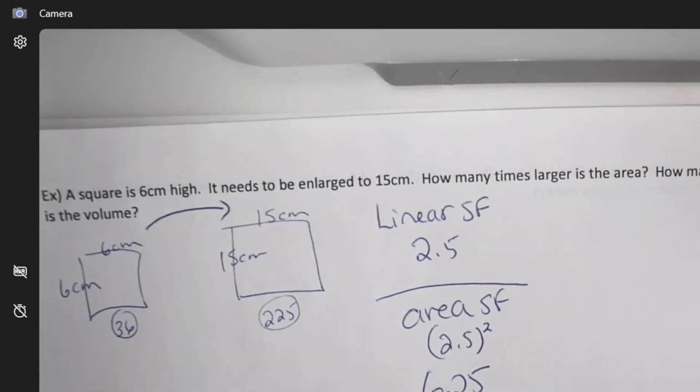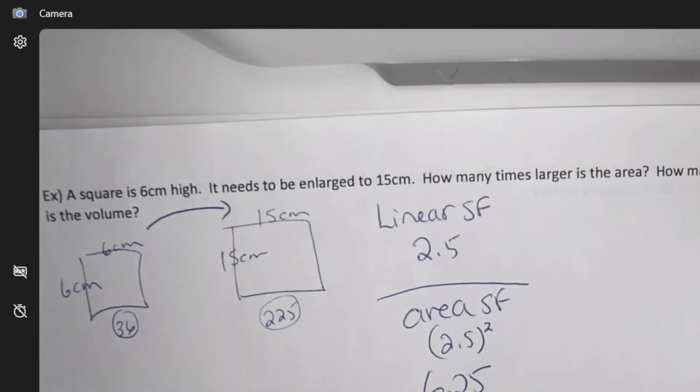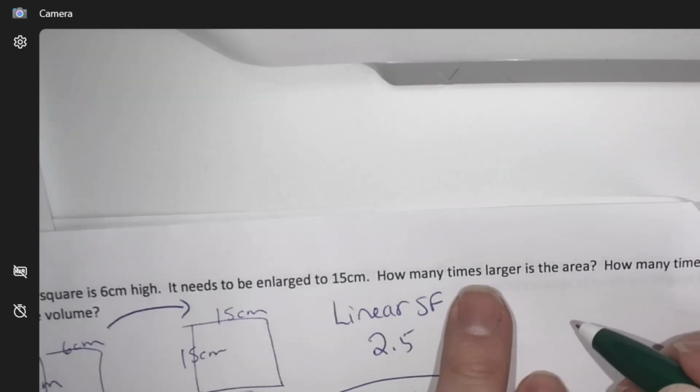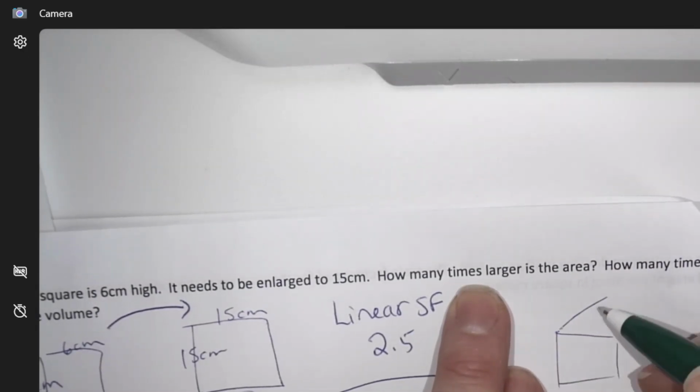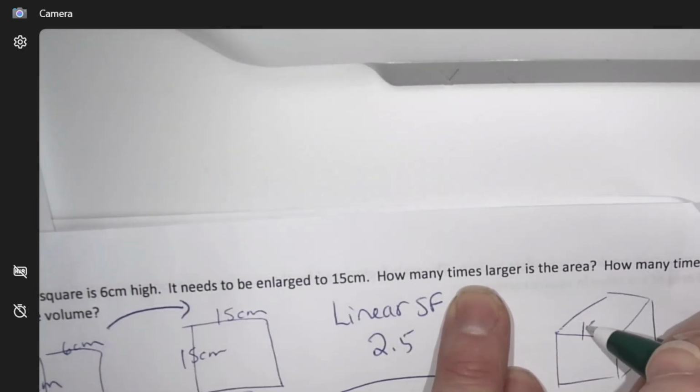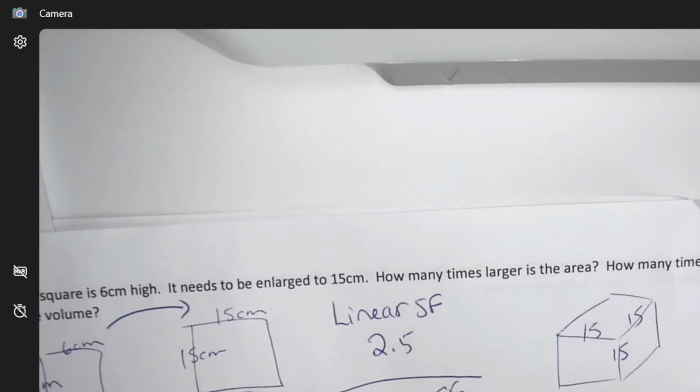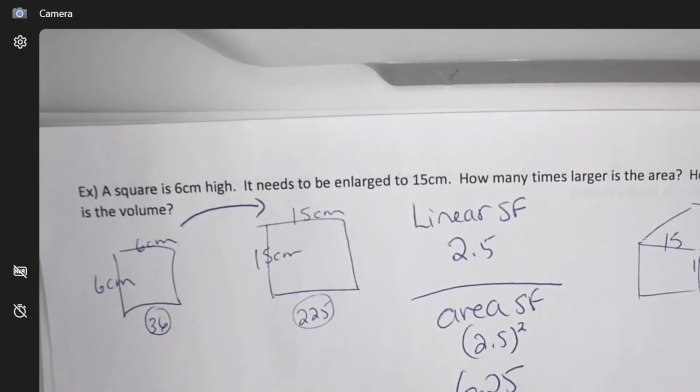Okay, what if I turned this into a cube and tried the volume? So in other words, if there was a 6 by 6 by 6 cube and now there's a 15 by 15 by 15 cube, how much bigger would the volume be? So what am I doing?